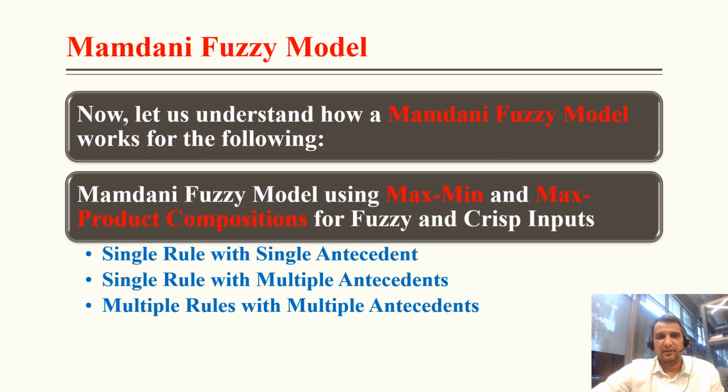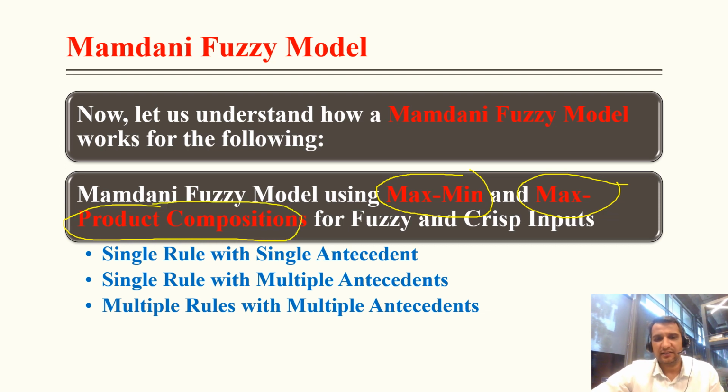In Mamdani fuzzy model or in any other type of fuzzy model, basically there are two types of composition: max mean composition and max product composition. These are common in all three models.